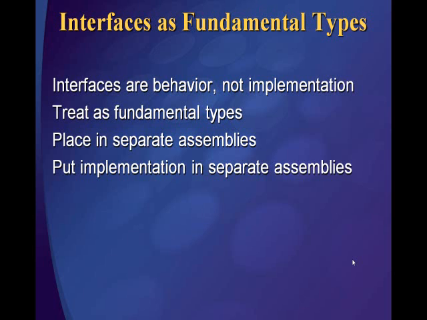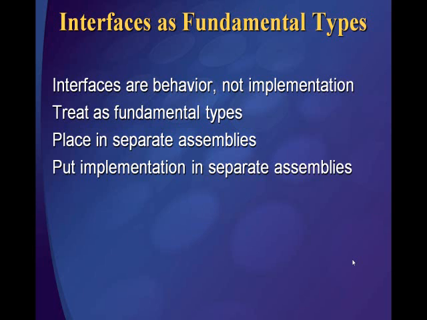So in our particular case, the ICustomer interface and the ICustomerManager would go in a types assembly. Now, how many types assemblies you have actually depends on the nature of your application and the patterns of your application. We can't come up with a general fixed rule, but the idea is to place these types in the appropriate groupings in separate assemblies.